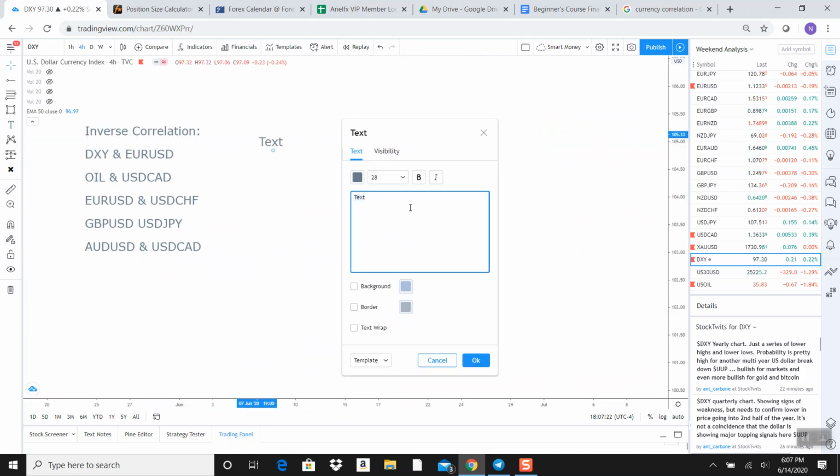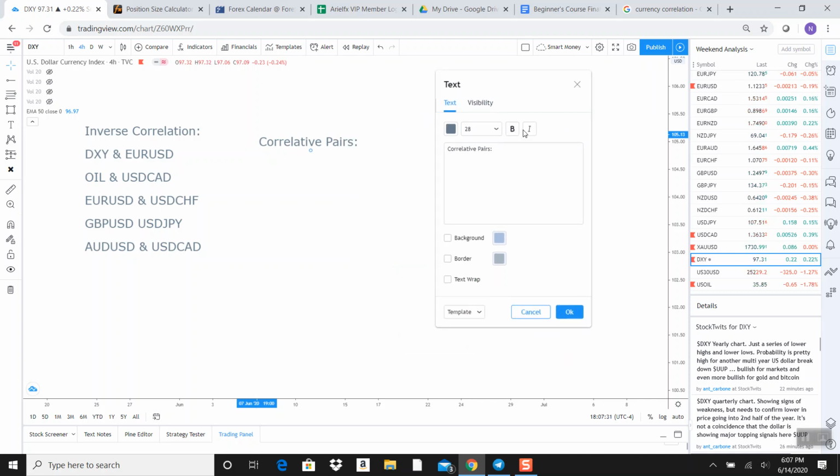Let's go to correlative pairs. All right, correlative pairs. Gold and AUD USD.